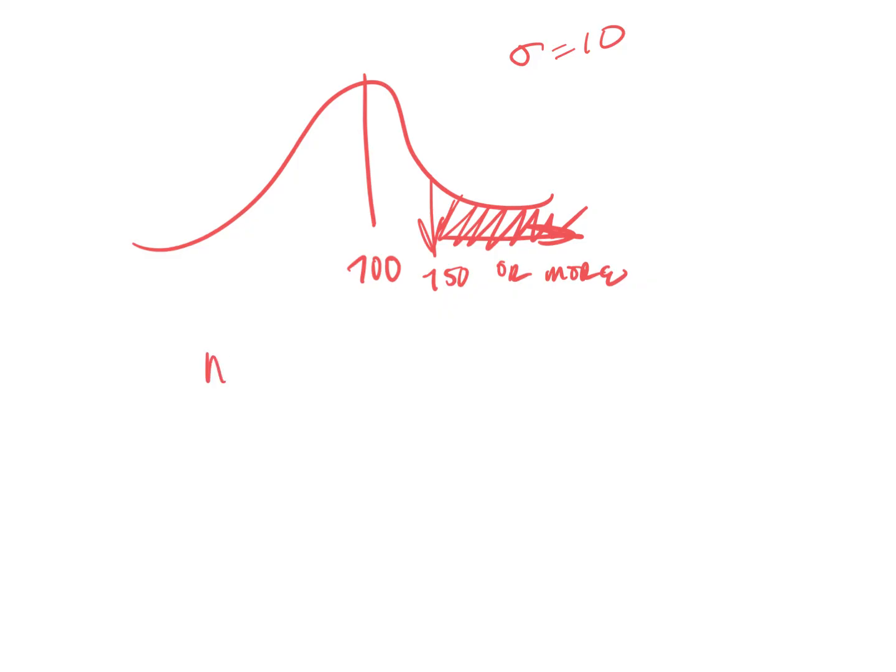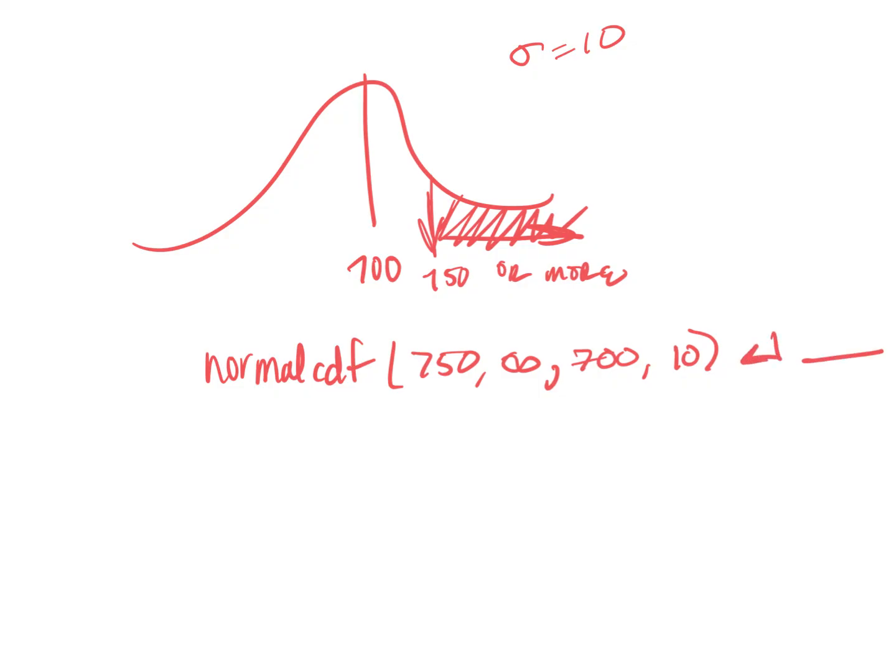So I would use normal CDF. I would say, okay, my lower limit is 750, my upper limit is infinity, so one really big number. My mean is 700, and my standard deviation is 10. And I'd hit enter, and I would get some area, some probability that that was going to happen.